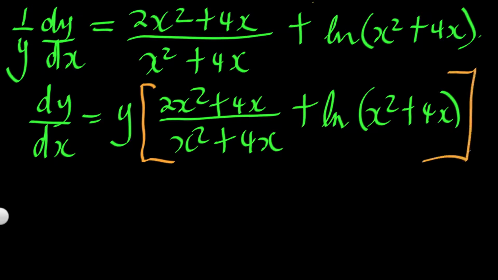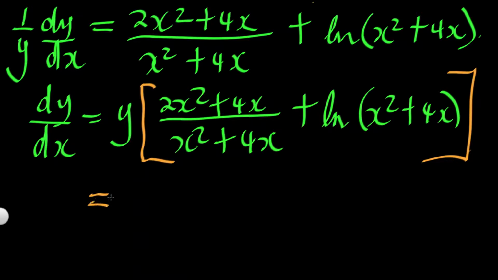I close my bracket. But guys, we know who our y is. Our y is the original question that we were given, which is x squared plus 4x to the power of x. That was our y. So we're just going to substitute into what we have here. All right, so let me carry on.